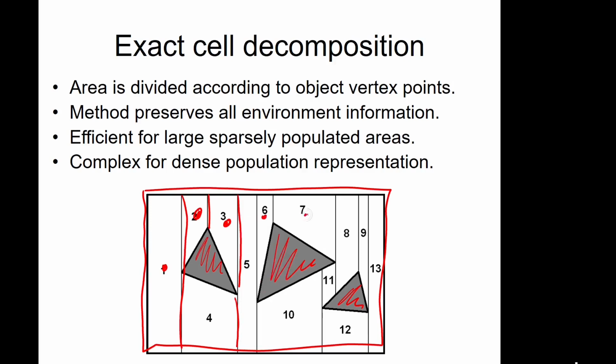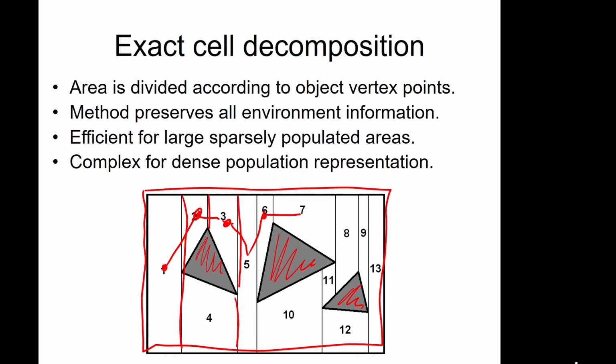You can see if we want to move around, then potentially go to the center of an area to get around our space. So this is very good in terms of preserving all the environmental information. So you've got an accurate record.